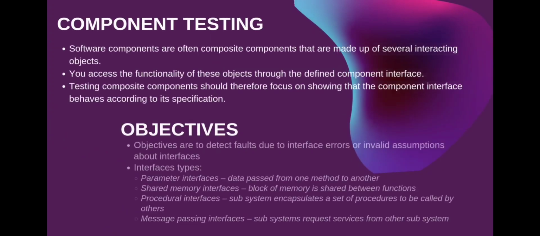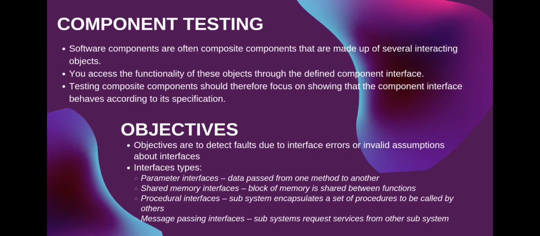Next is component testing. Software components are often composite components that are made up of several interacting objects. You access the functionality of these objects through the defined component interface. Testing composite components should therefore focus on showing that the component interface behaves according to its specification. The objectives are to detect faults due to interface errors or invalid assumptions about interfaces.